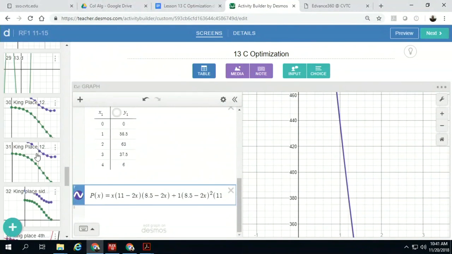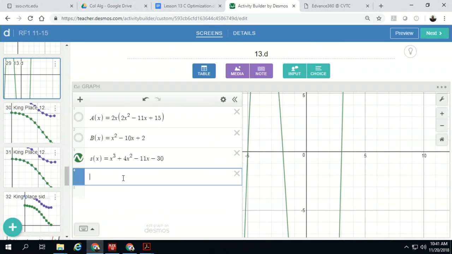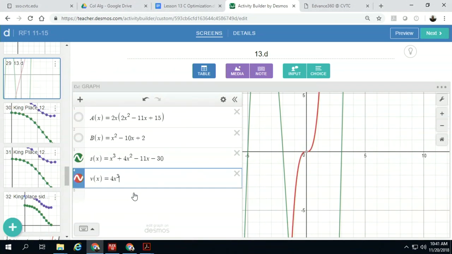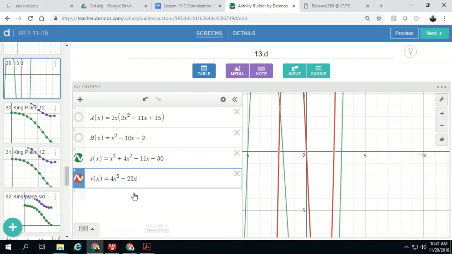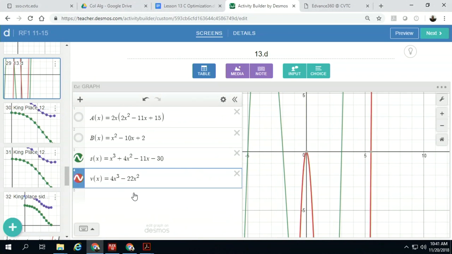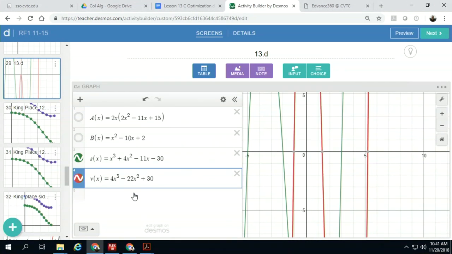So we go to Desmos 13D. We go to Desmos and we put in V of X equals, I'm on page 198, 4x to the third minus 22x to the second plus 30x.